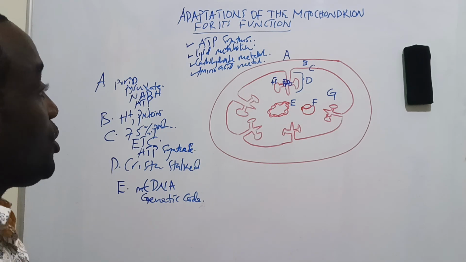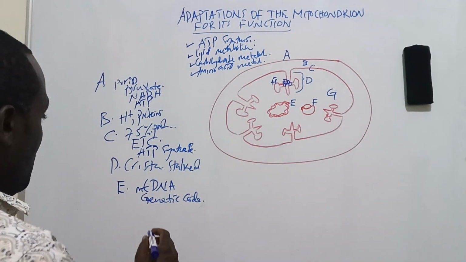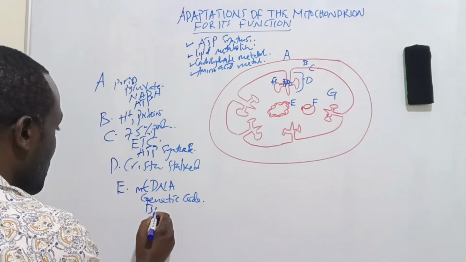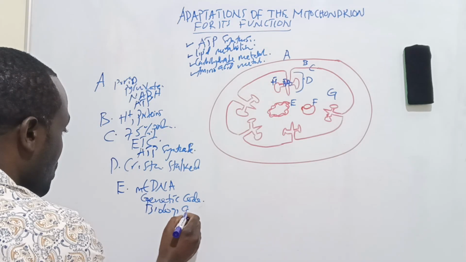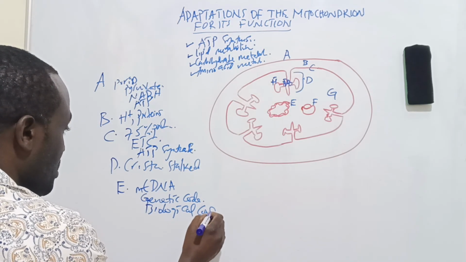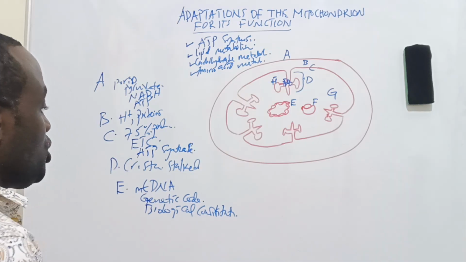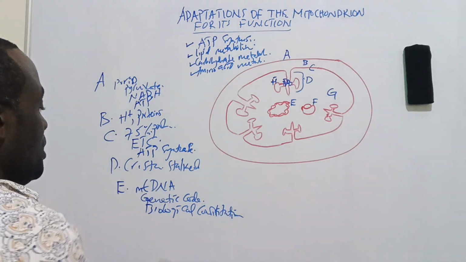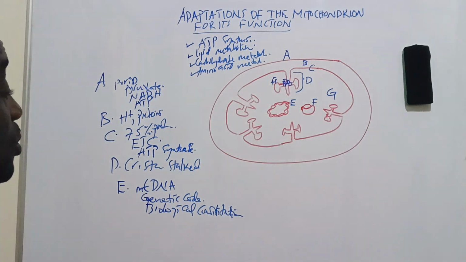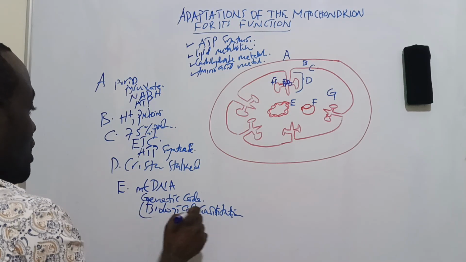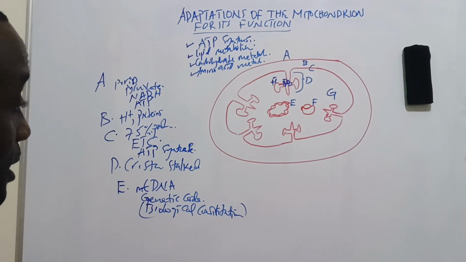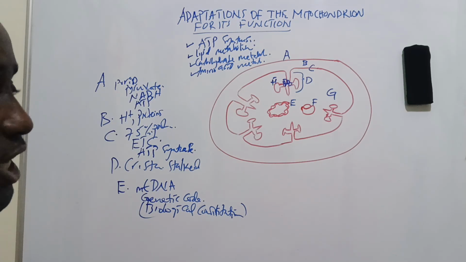This genetic code is the biological constitution, which is important. It is the biological constitution that cells use to synthesize proteins.